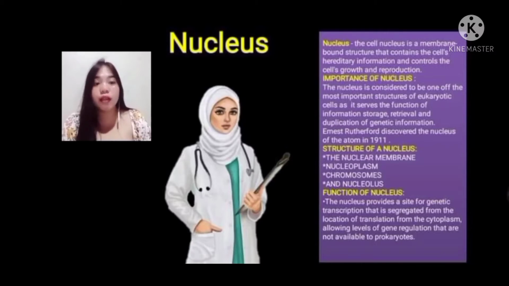So to further elaborate, the function of nucleus is that the nucleus provides a place for genetic transcription that is separated from the cytoplasmic region of translation, allowing for levels of gene regulation that prokaryotes do not have. And lastly is it regulates an organism's inherited features.